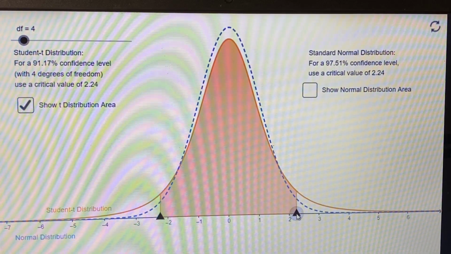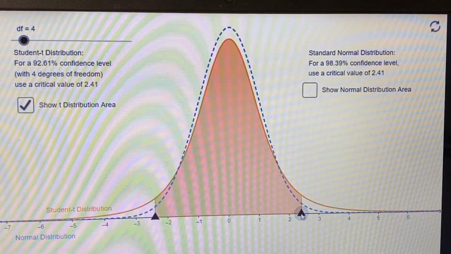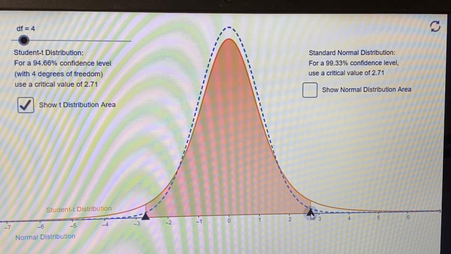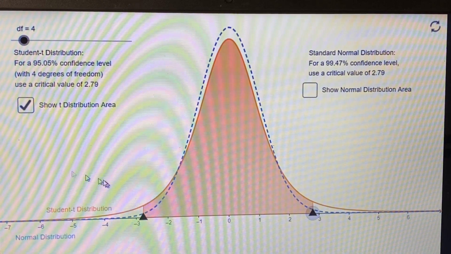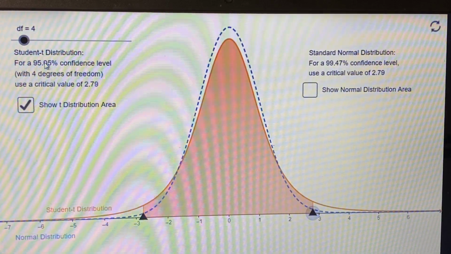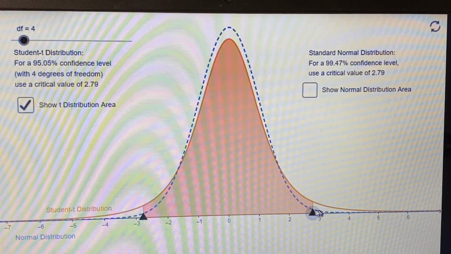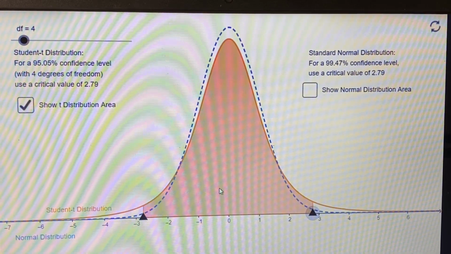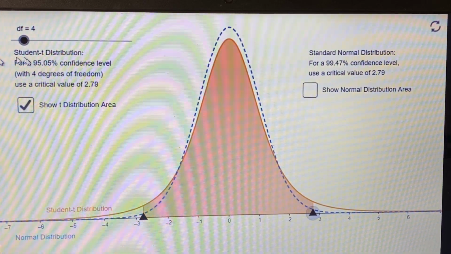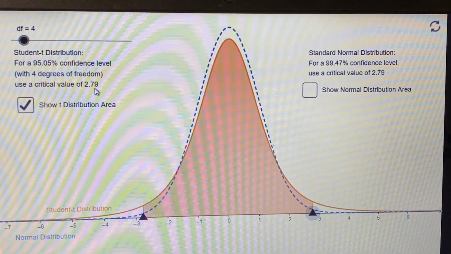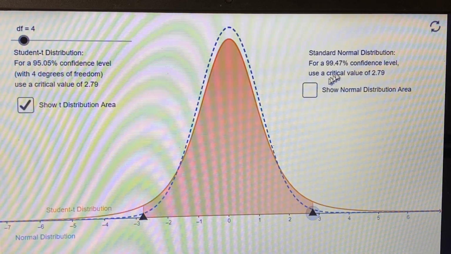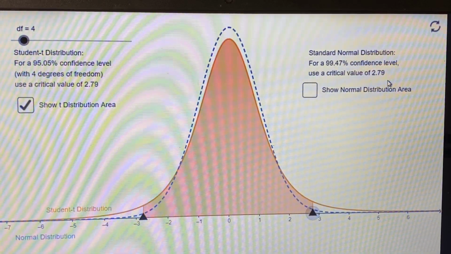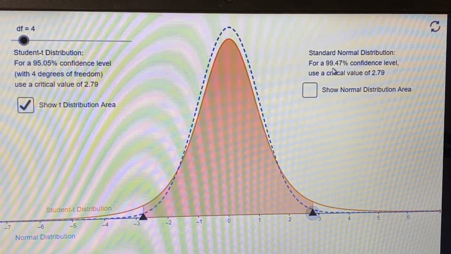So now it's around 90, 91, 92, 3, 4. There, 95.05. So see how far out I had to go to capture 95%? I'm at a critical value of 2.79. The normal distribution is 99 at 2.79, 99.5 approximately.